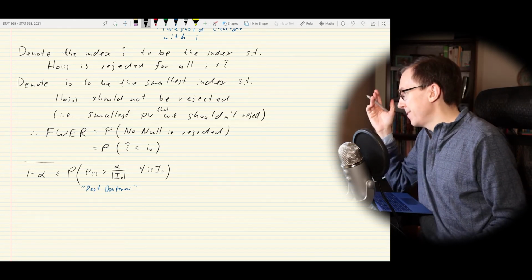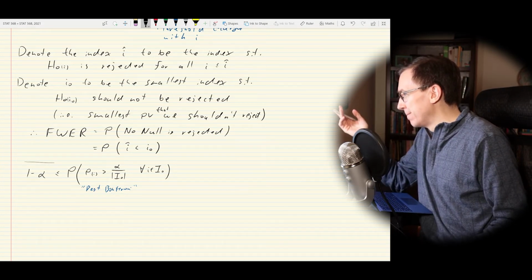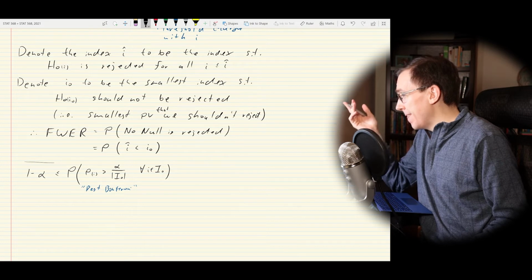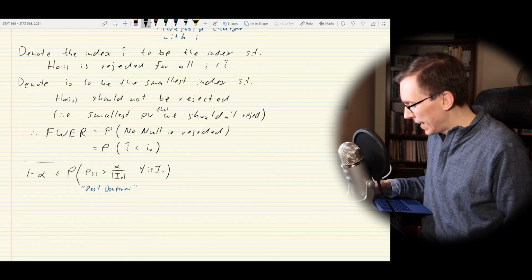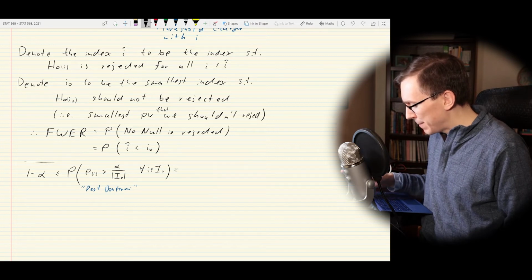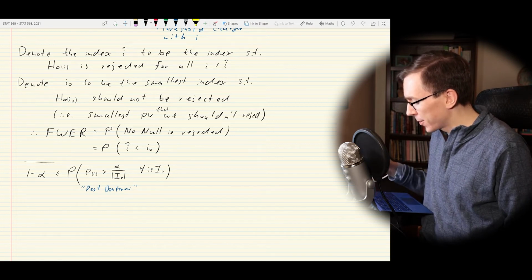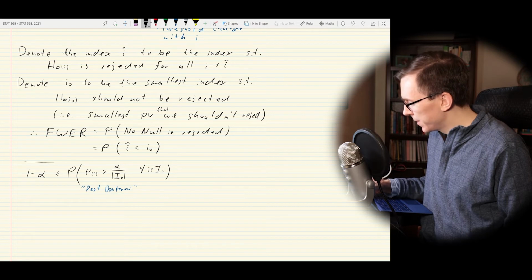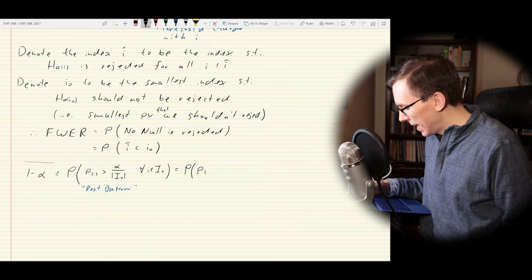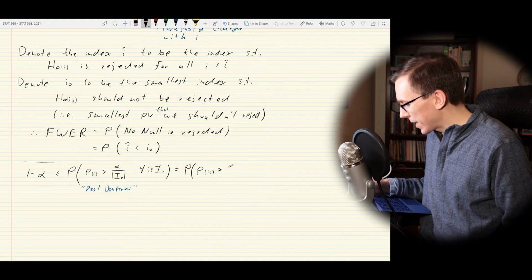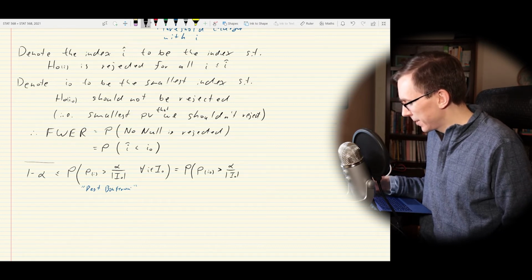Okay, so we have that. And then the claim is that, since this has to happen for all I, and our p-values are ordered, this isn't equals. This just has to be the probability that p I naught is going to be greater than our rejection threshold, right?